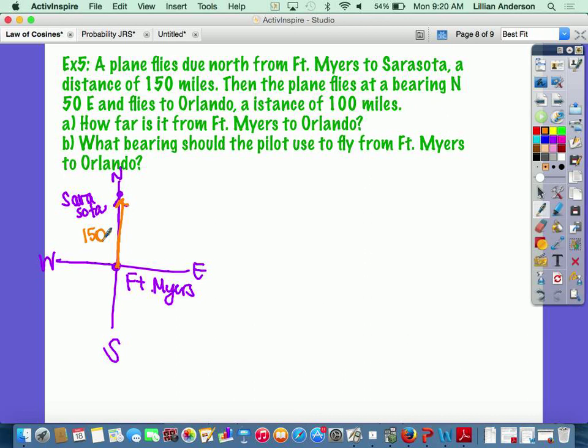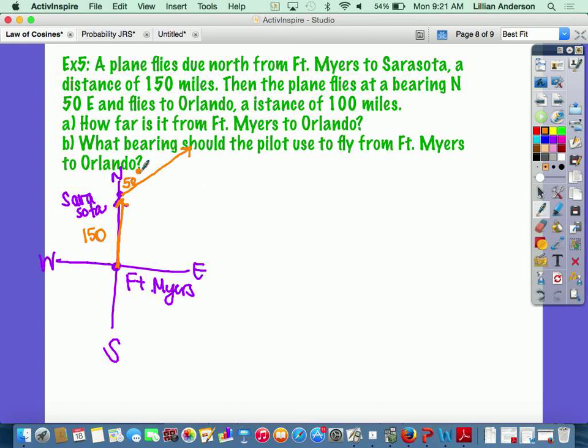It then says the plane flies at a bearing north 50 degrees east. Well, east is to my right, correct? So from that point, when I get to Sarasota, I fly north 50 degrees east. And that 50 degrees will be located right here.